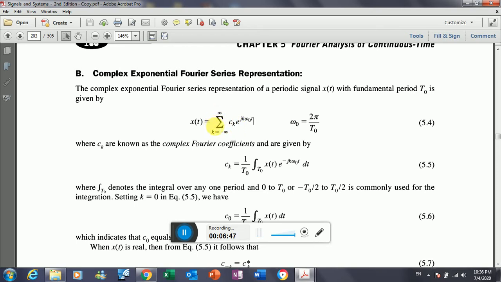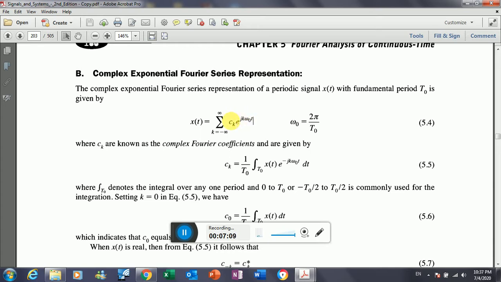While we added a summation, not integration, so that means C of k and this periodic signal, which we have sampled at k omega naught, these two complex coefficients and complex exponential signals are discrete time signals.